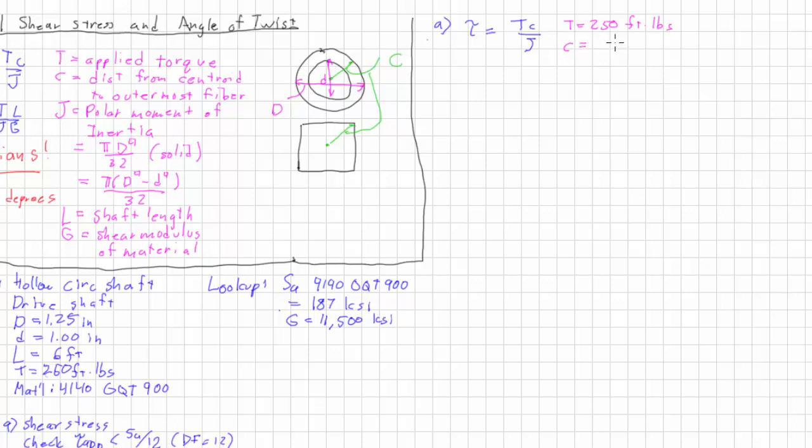C is the outer radius, so we just take the outer diameter and divide it by 2. So it's 1.25 inches over 2, which is 0.625 inches, 5/8. J is going to take another calculation. But because we're going to use it in part B, we may as well calculate it by itself. So J is pi times the outer diameter to the fourth minus the inner diameter to the fourth, all over 32.